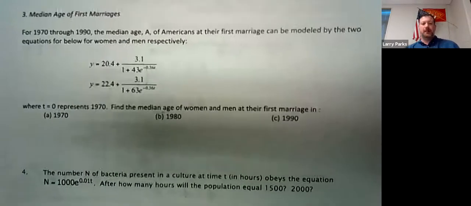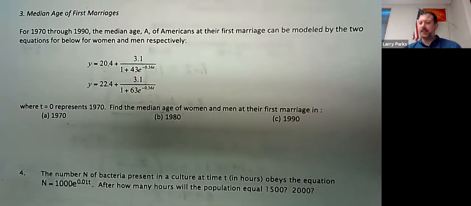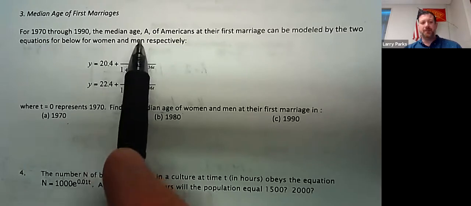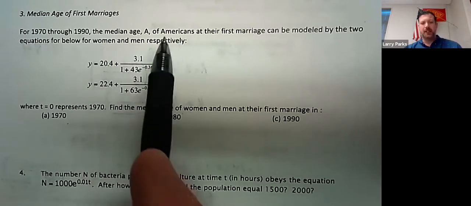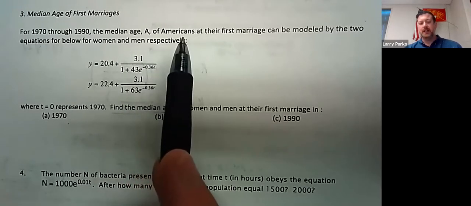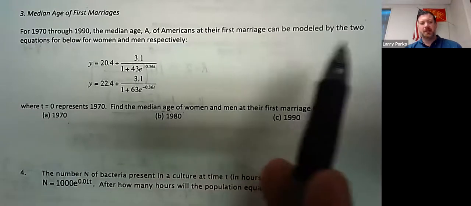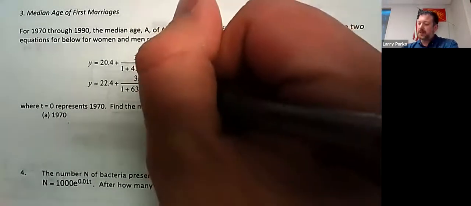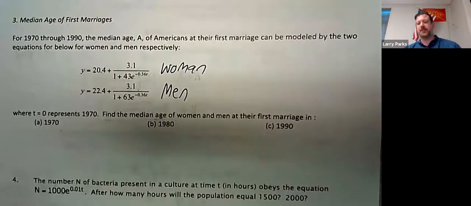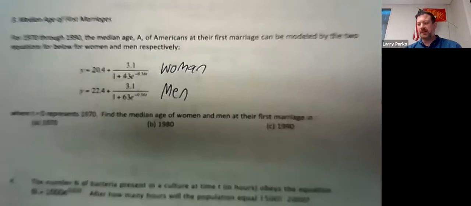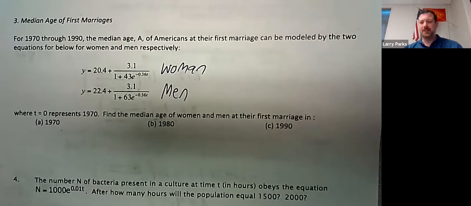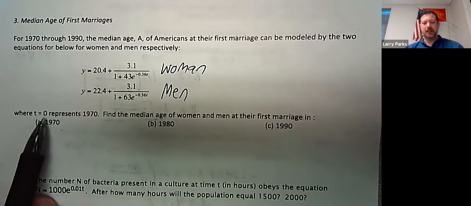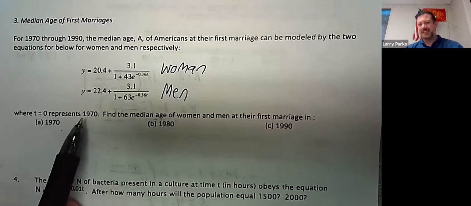All right, for 1970 through 1990, the median age A of Americans at their first marriage can be modeled by the 2 equations. This one's for women. This one's for men. Somebody came up with these equations; they may not even be real equations, just based off the time. T equals 0 represents 1970.